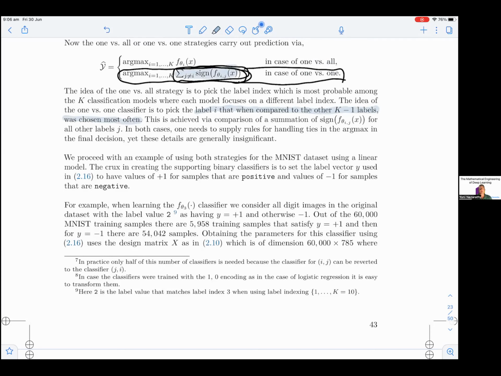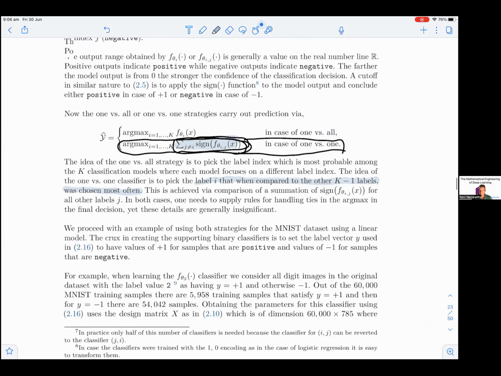We proceed with an example of using both strategies for the MNIST dataset using the linear model. The crux in creating the supporting binary classifiers is to set the label vector y used in 216, so we'll see 216 in a second, to have values of +1 for samples that are positive and values of -1 for samples that are negative. So let's go to 216.